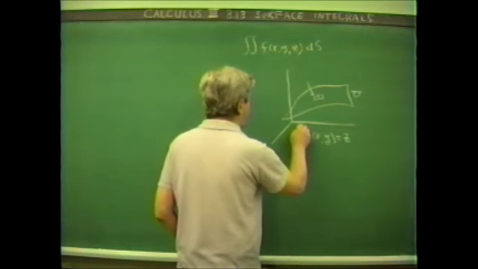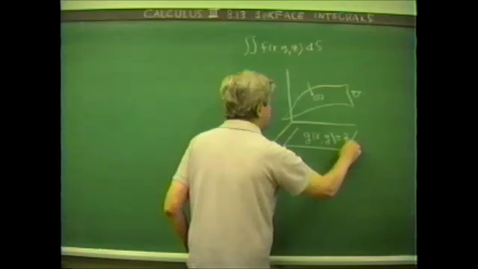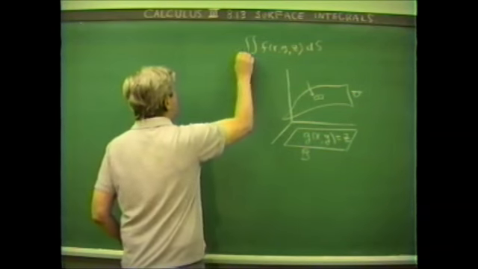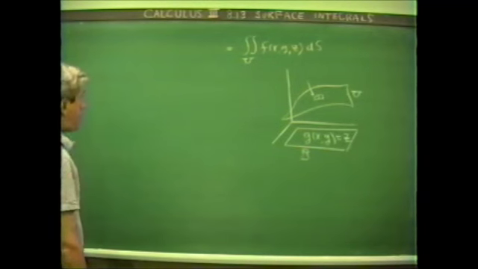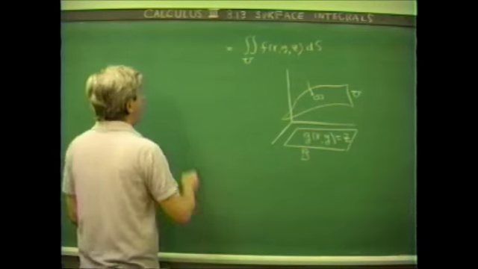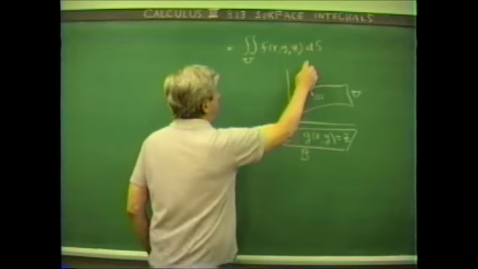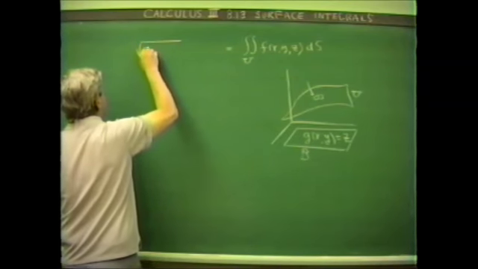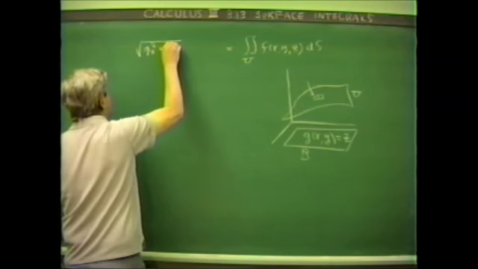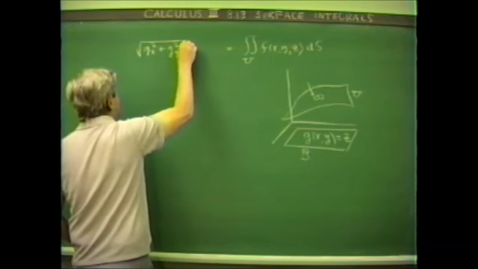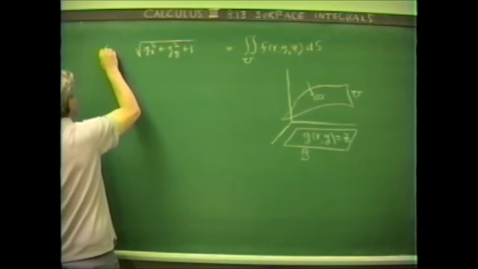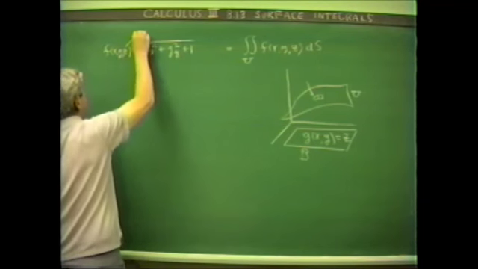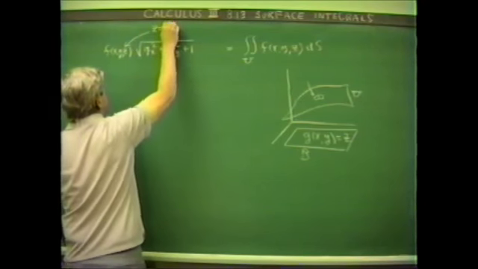So if this is g of x and y equal to z above a given region B here, then this integral over u is going to be obtainable by taking an element of surface area, that's to say the square root of the partial of g with respect to x squared plus the partial of g with respect to y squared plus 1, and integrating f of x, y, and z here, where now z is g of x and y.